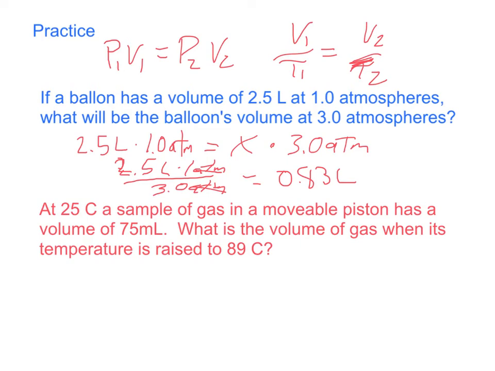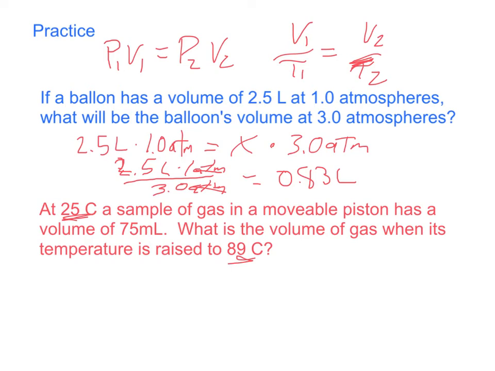The next one: at 25 degrees Celsius, a sample of gas in a movable piston has a volume of 75 milliliters. What is the volume of gas when its temperature is raised to 89 degrees Celsius? Well, the first issue is we are in degrees Celsius. We can't deal with degrees Celsius when we are doing gas laws, so we have to convert them to Kelvin.